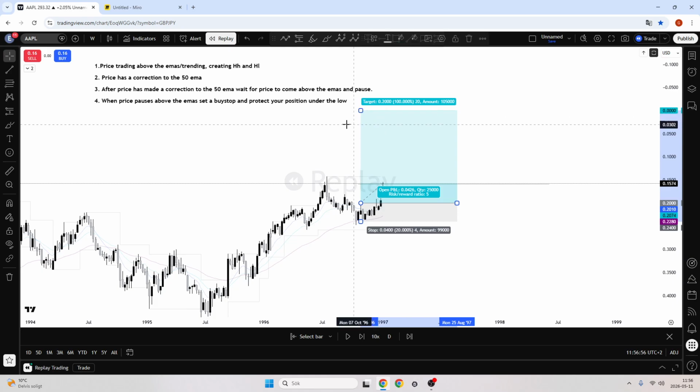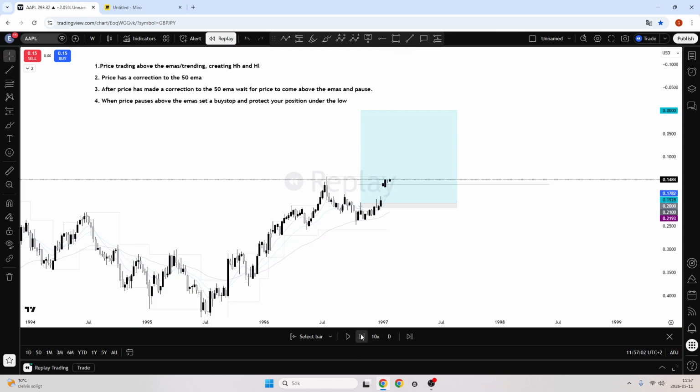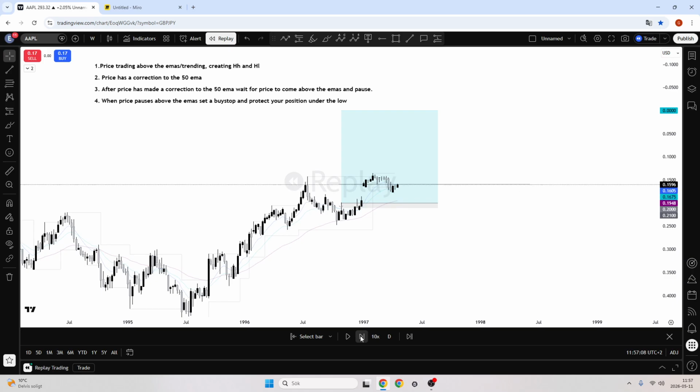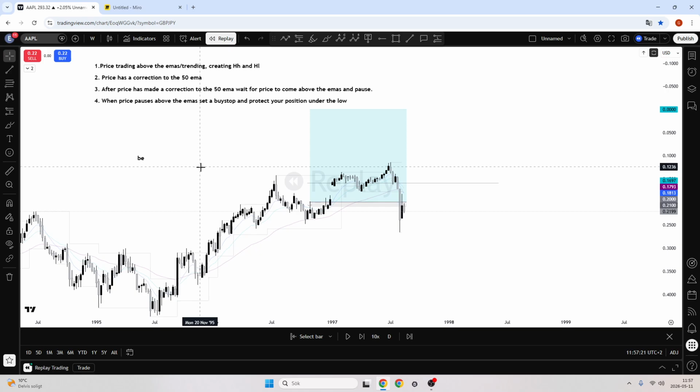Now we're just waiting for our profit target. So we have nothing to lose, so we're moving our stop loss to break even. Price taps us out, just like that, and we record that. So that's a break even.